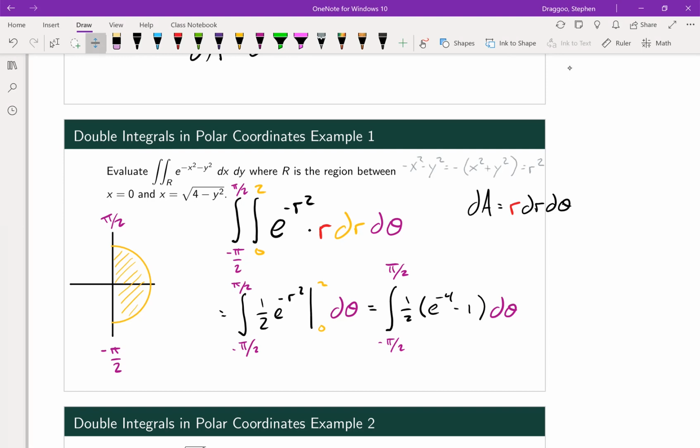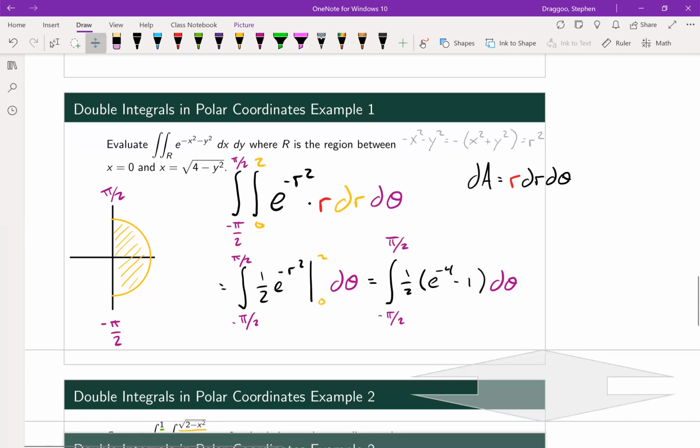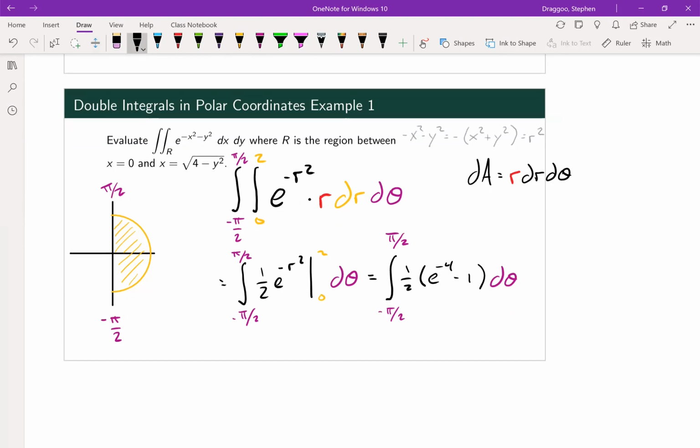And then doing the theta integration, there is no theta that we have to integrate, so it'll just be integrating d theta would go to theta. We'll plug in pi over 2, plug in negative pi over 2, take the difference between those, and we should end up with just pi. So pi times 1/2 becomes pi over 2 times e to the negative 4 minus 1.